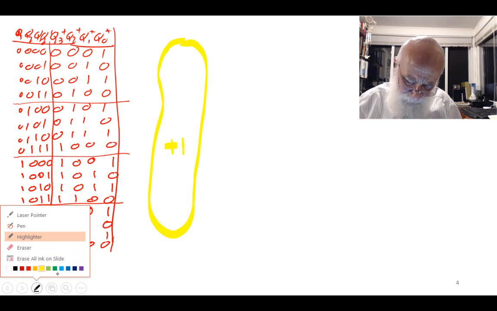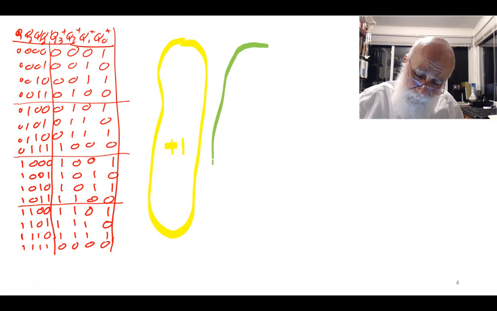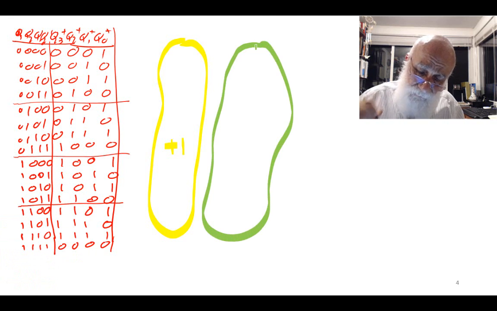And then I'm going to build a memory circuit that holds the value.